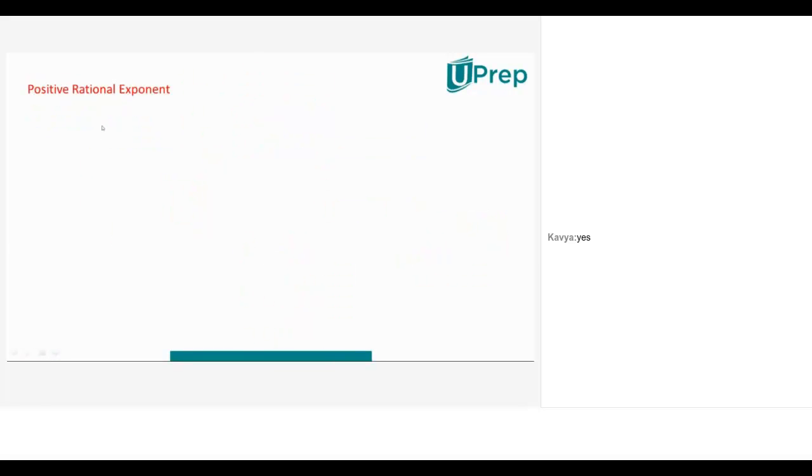If we have any number, something like a to the power of p is equal to b to the power of q, we can write a to be nothing but equal to b to the power of q by p.